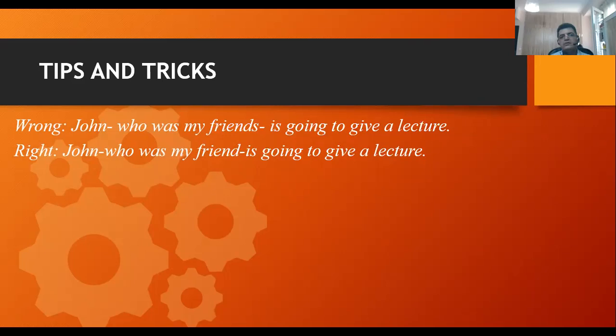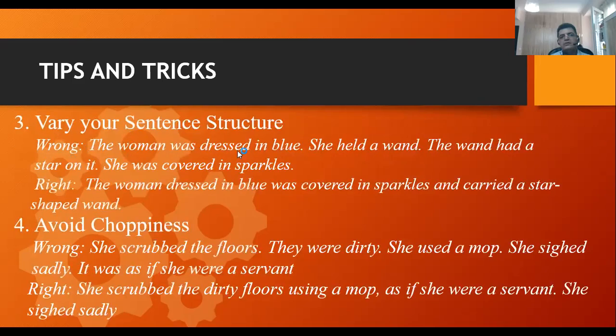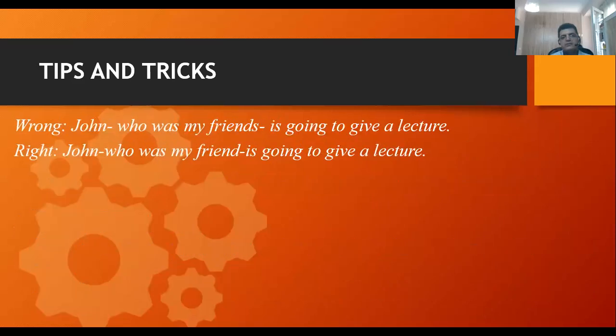Because when we use a dash to show a complementary sentence or phrase, you are not allowed to have a space before or after the dash. So this is one of the problems. Dash was my, without any space. Again, dash without any space is going to give a lecture. They seem very small points, but actually your piece of writing will be returned to you for editing.